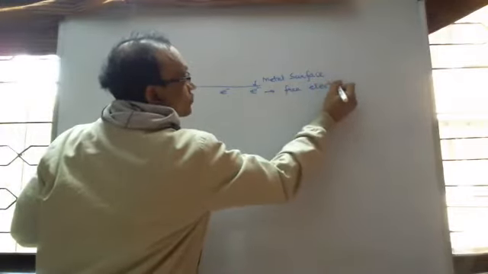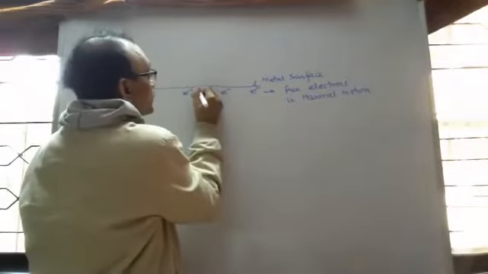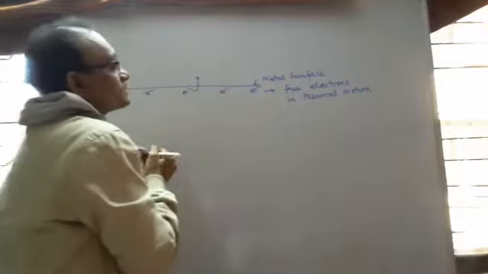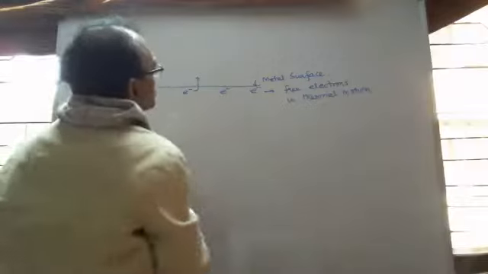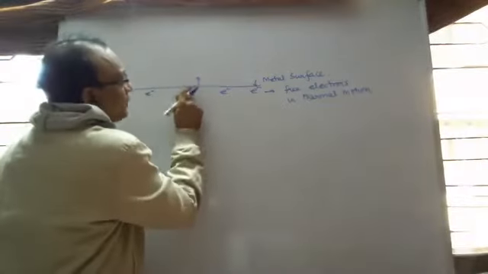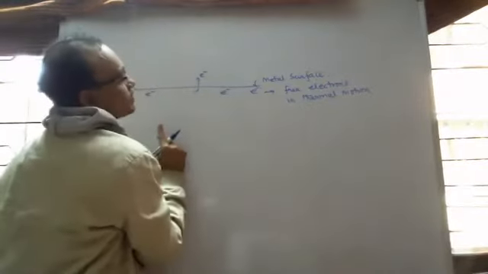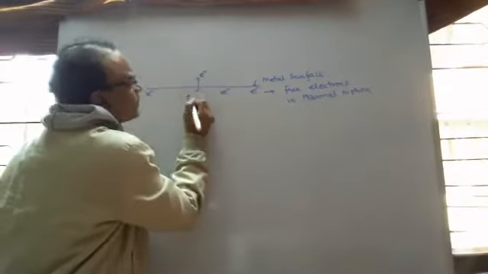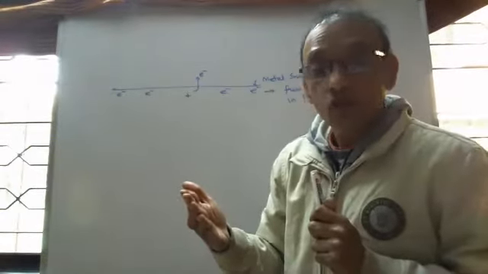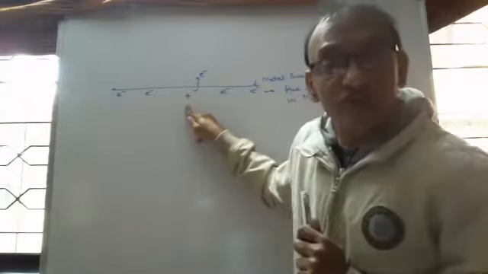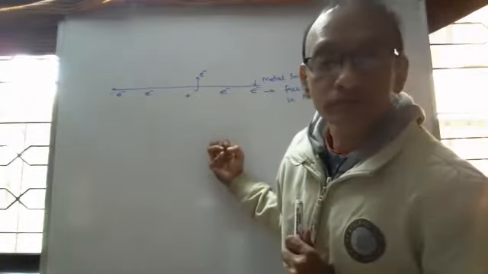Now, it is possible that this electron escapes this surface. पर जैसे ही वो escape करने का कोशिश करेगा, this surface will become positively charged because it has one electron less. ये negatively charged है, ये positively charged है. So the positive charge will pull the electron back.